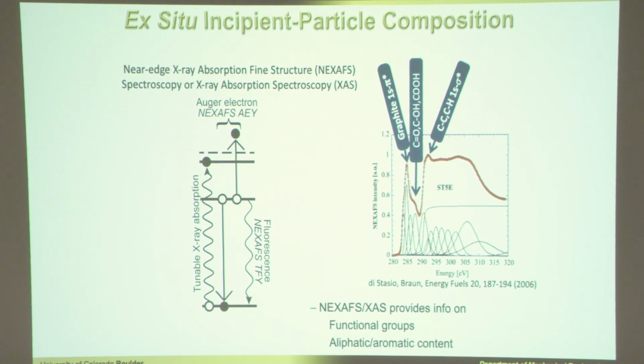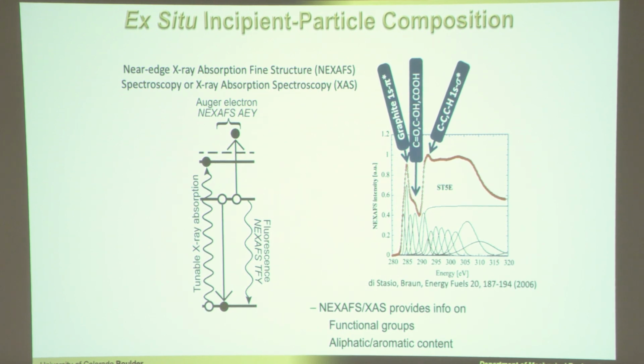So there are two different ways of doing this technique, and you can get compositional information about the sample. And usually you'll have a peak that's related to graphite. So it's a pi-star transition.